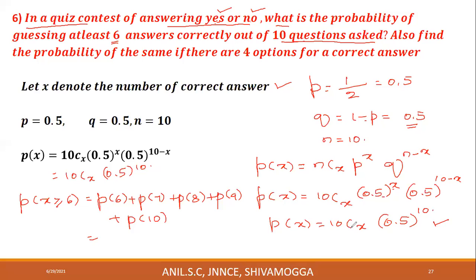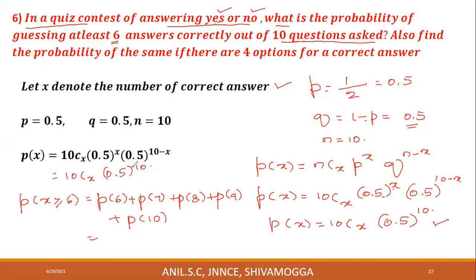Simplify this. P of 6 is 10C6 into 0.5 power 10. P of 7 is 10C7 into 0.5 power 10.